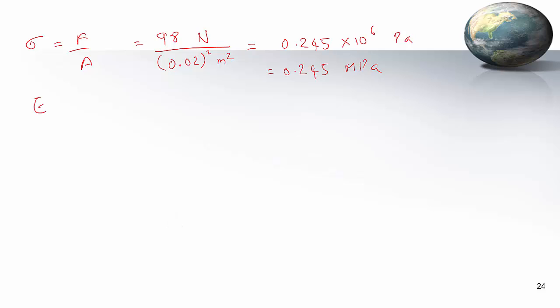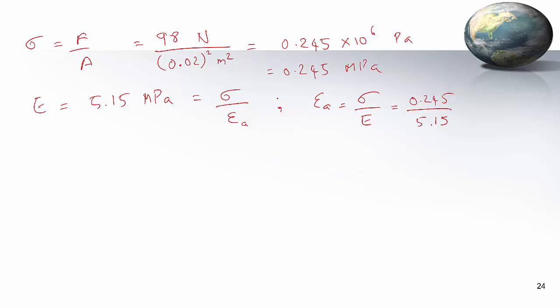The modulus of elasticity is given as 5.15 megapascals, which is equal to stress over strain, right? That is an axial strain. Therefore, axial strain is equal to stress over Young's modulus, which is equal to 0.245 divided by 5.15, which is equal to 0.04757.